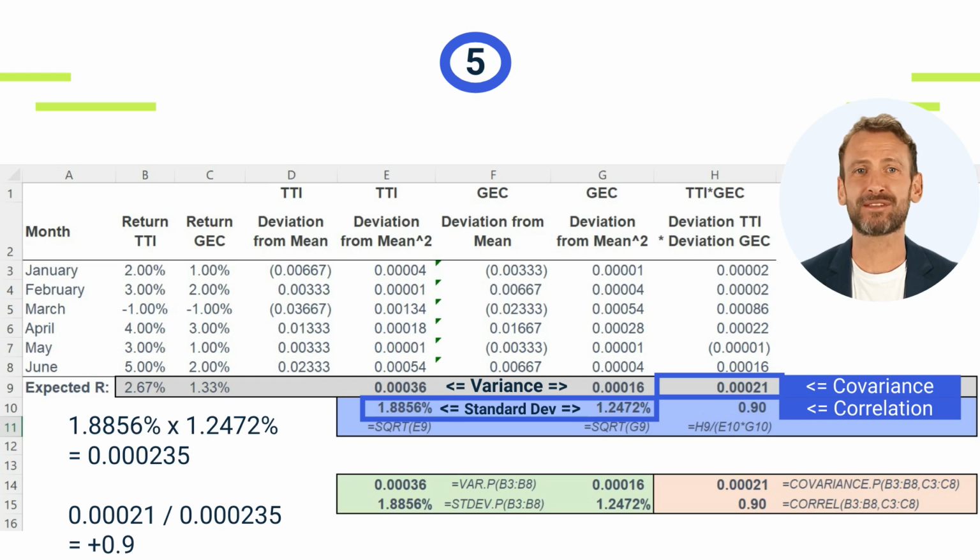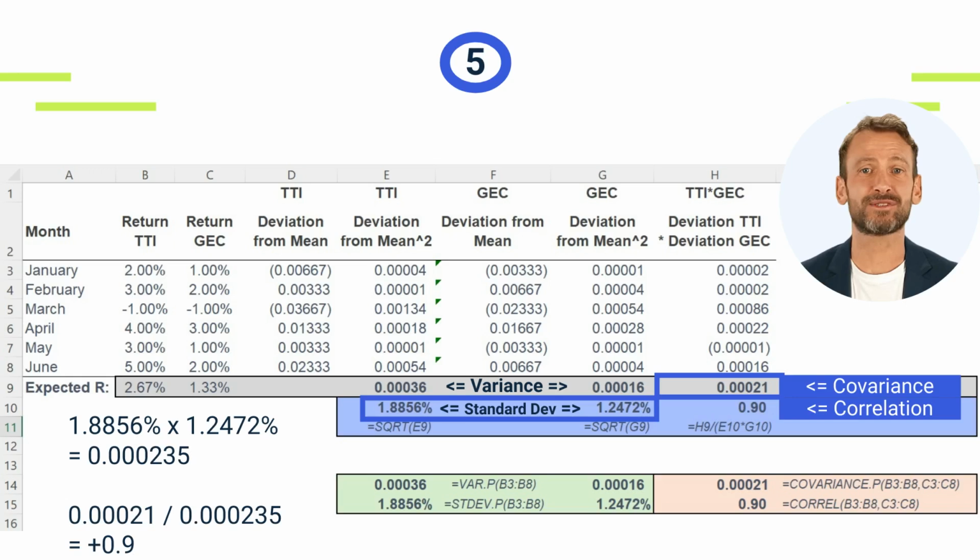A correlation of -1 indicates that the two assets being evaluated are perfectly negatively correlated. When one increases by 1%, the other decreases by 1%, and vice versa. On the other hand, a correlation of +1 indicates that the two assets being evaluated are perfectly positively correlated. When one increases by 1%, the other also increases by 1%.